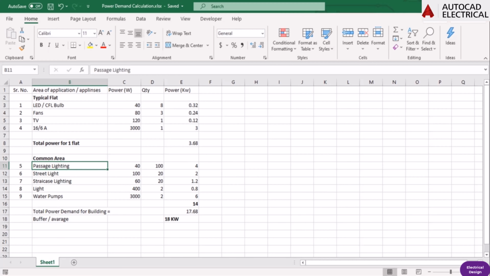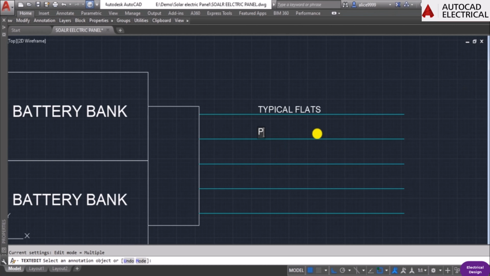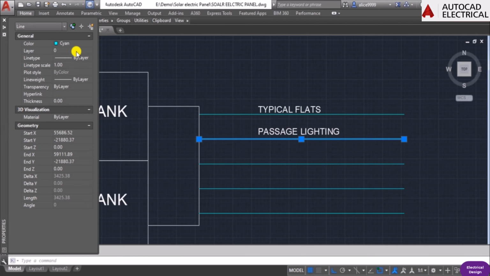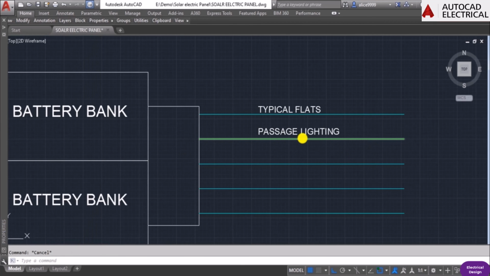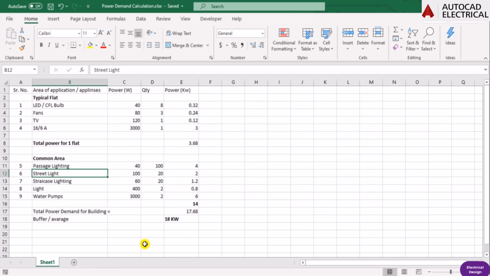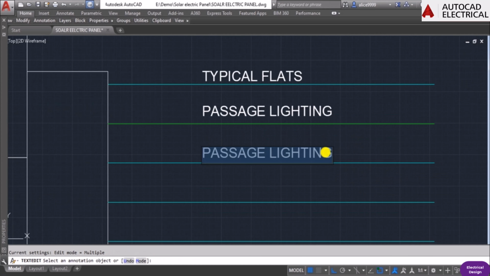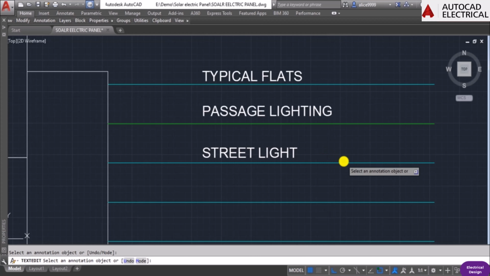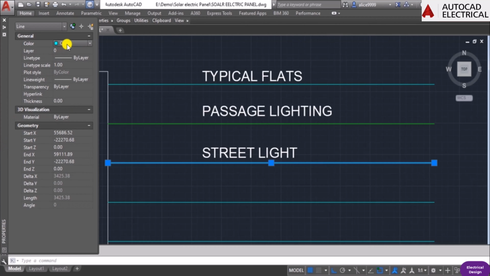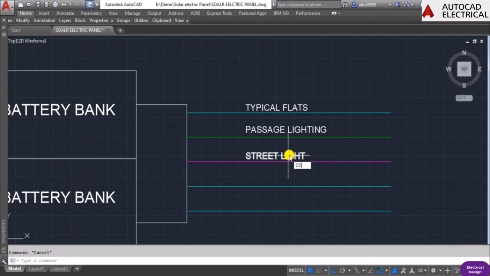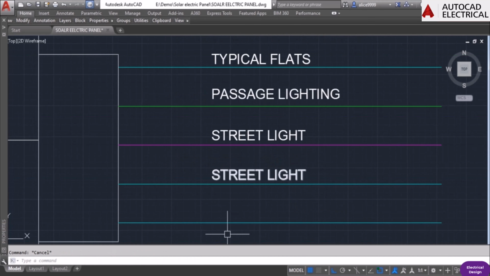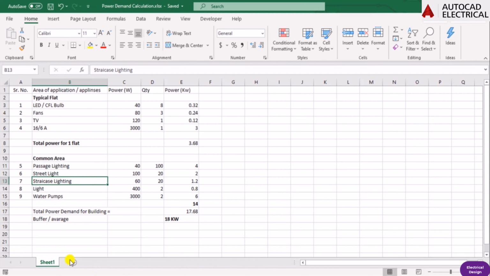This is for passage lighting. The next is street light. Staircase lighting.